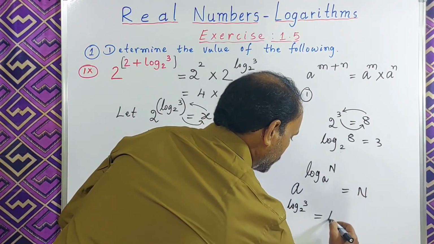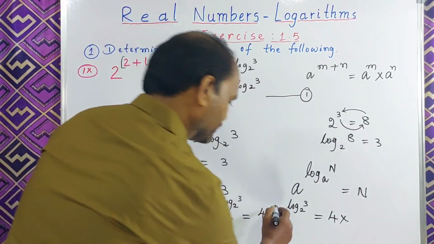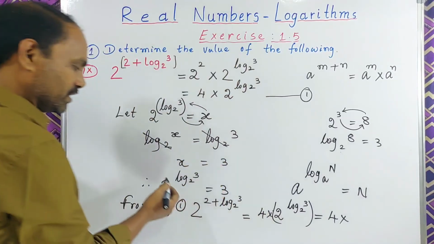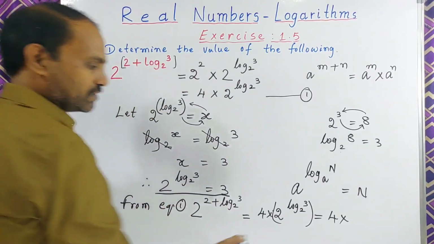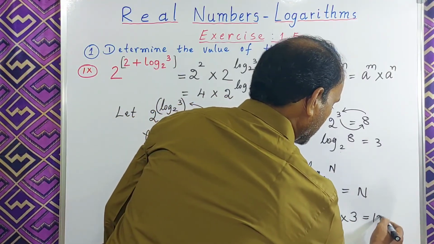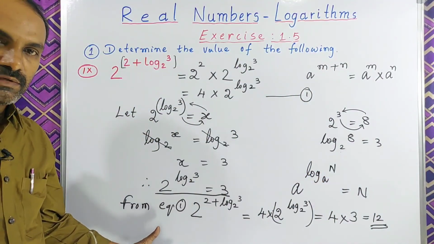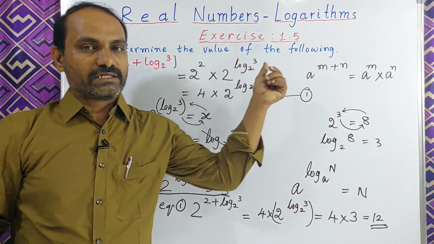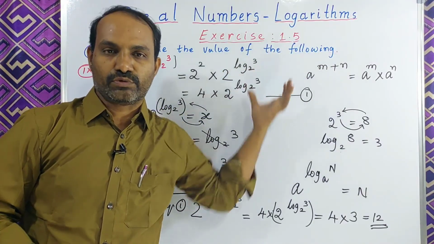This is equal to 4 into this complete value, and this value is 3. Then 4 into 3 is 12. Is it understood? This is exercise 1.5, real numbers, logarithms, first Roman.